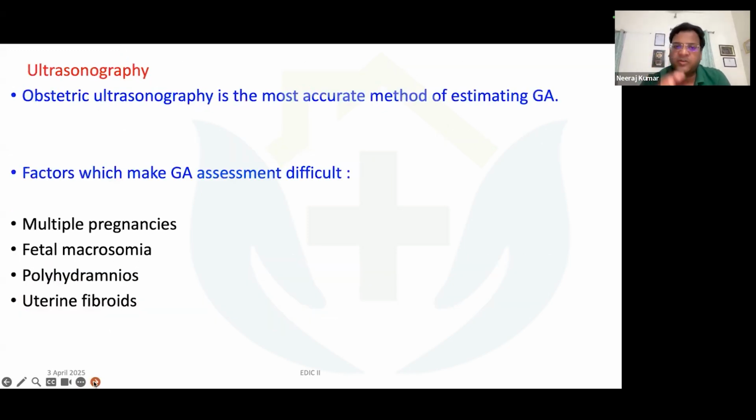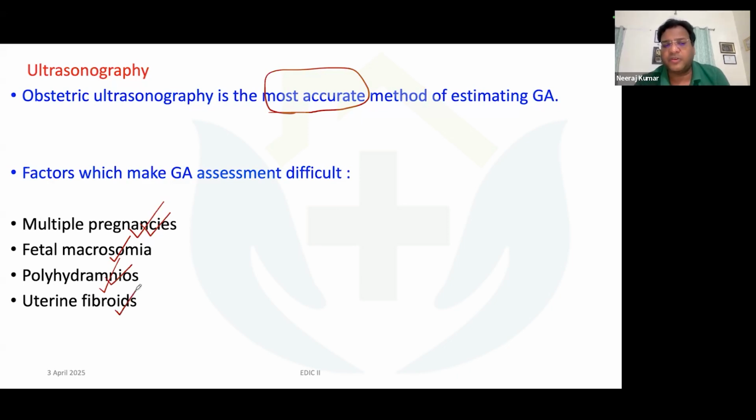It is one of the most accurate. The second one was the most crude, but ultrasonography is the most accurate method of estimating gestational age. So what are the factors which make this gestational age assessment very, very difficult? If the mother is having a multiple pregnancy, if the baby is very big, like fetal macrosomia, or if more amniotic fluid has collected, like polyhydramnios, or if the patient is having features of uterine fibroids.